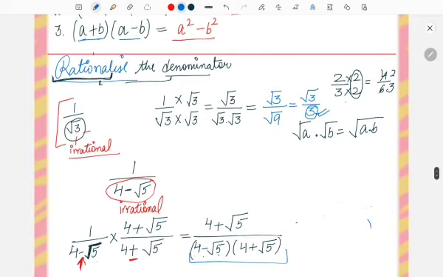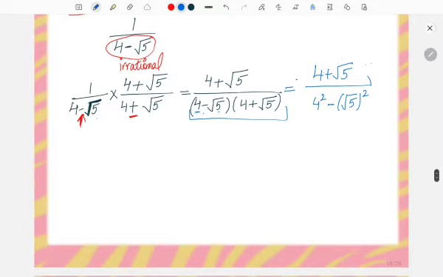This becomes 4 plus √5 upon the square of the first number, which is 4 square, minus the square of the second number, which is √5, which is equal to 4 plus √5 upon 4 squared, which is 16, minus √5 multiplied by √5.